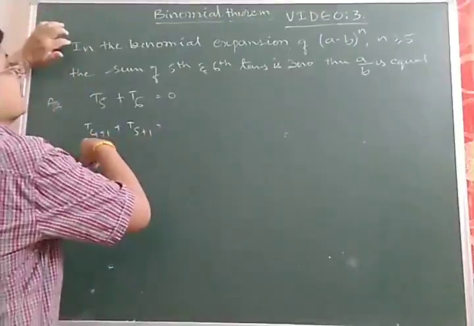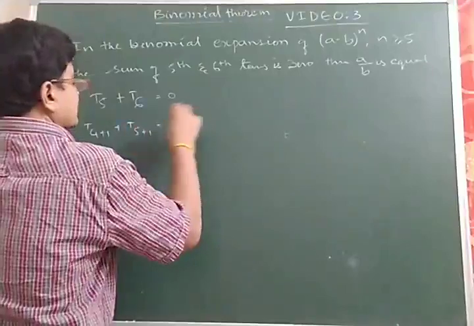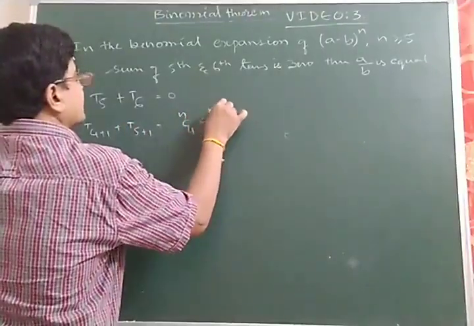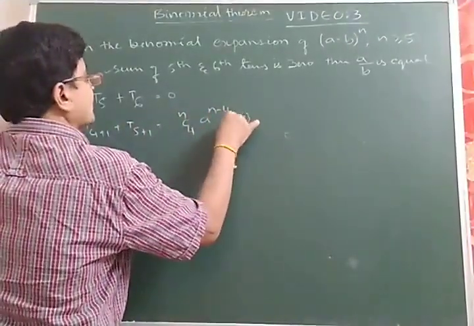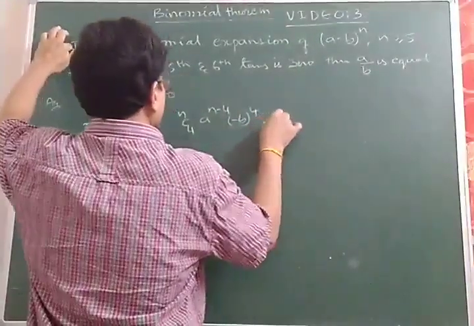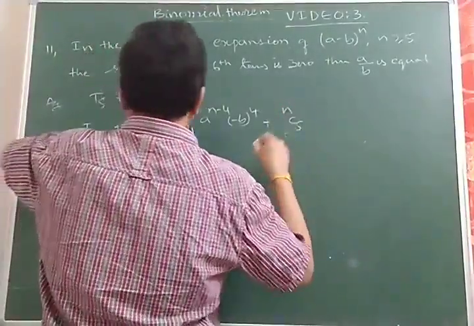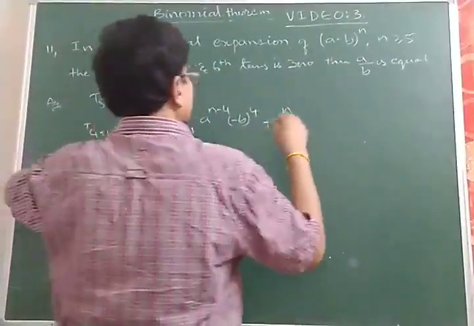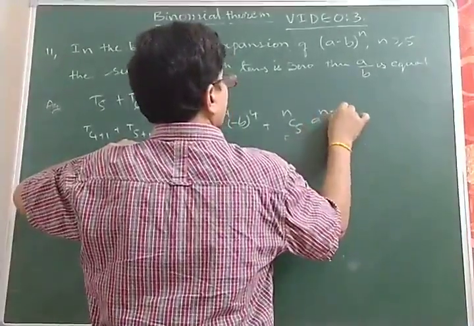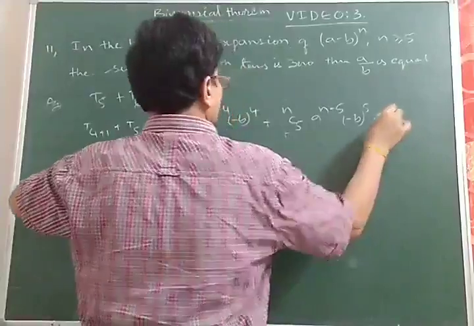And t4 means nC4 a^(n−4) (−b)^4 plus nC5 a^(n−5) (−b)^5 is equal to 0.